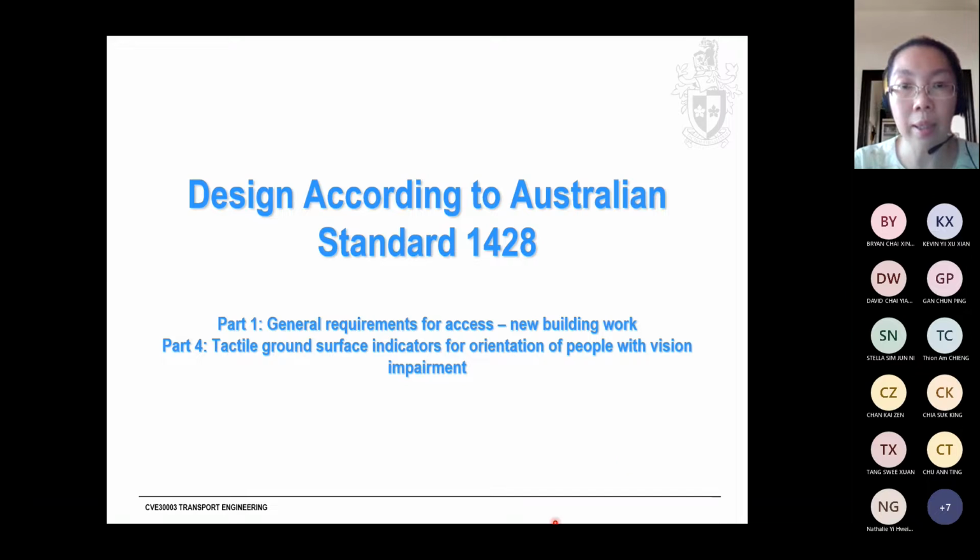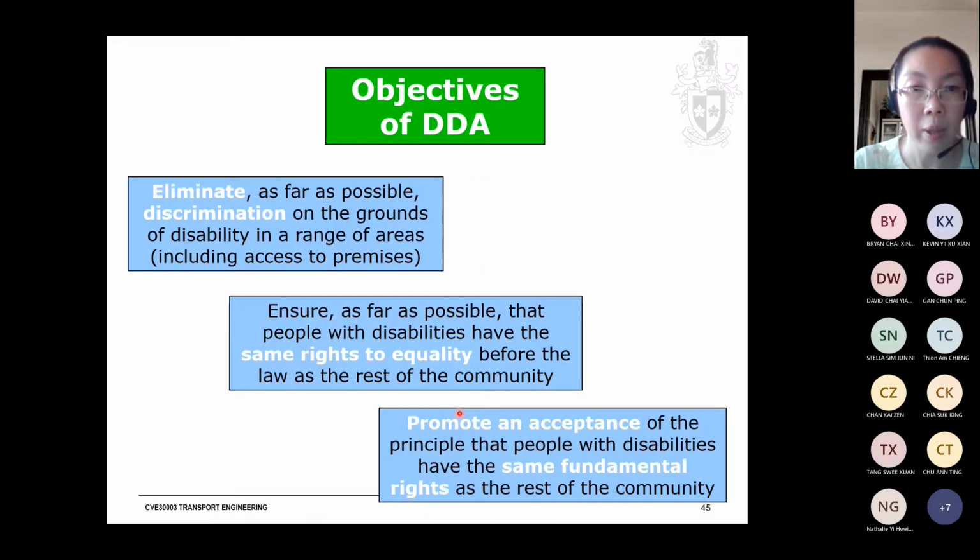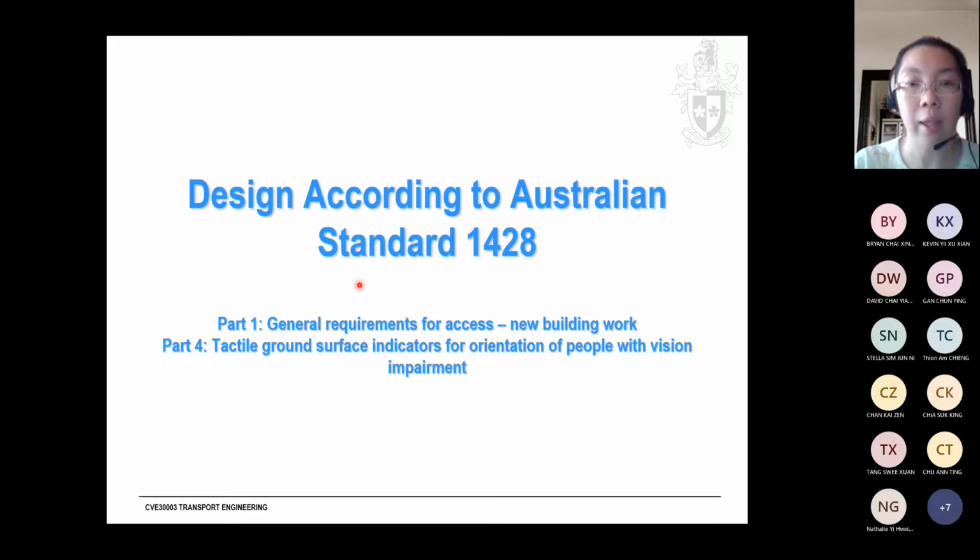So then our design has to catch up, and to provide for this, let me go back. To provide access to premises, we have to design for the pathway, the footpath, so that they can access the premises. That design should be in accordance with Australian Standard 1428.